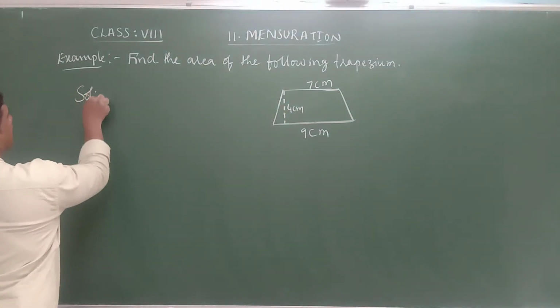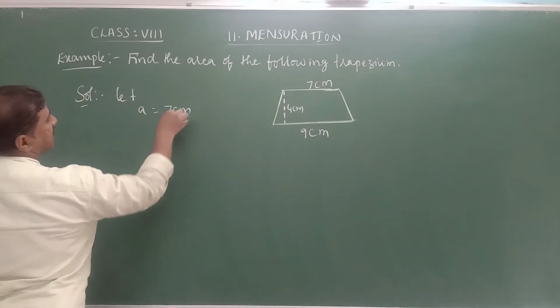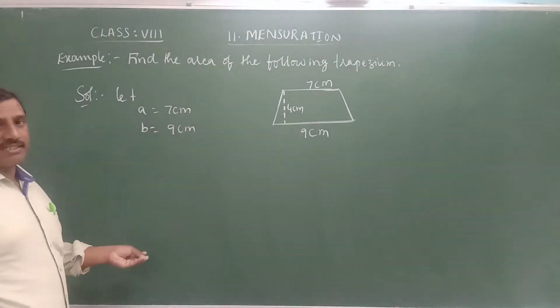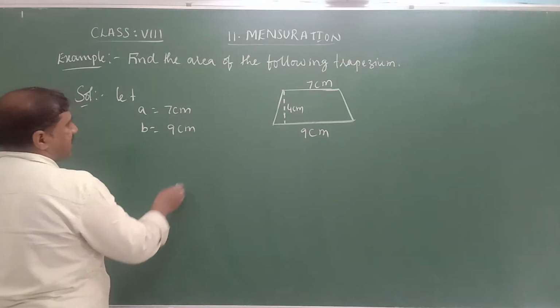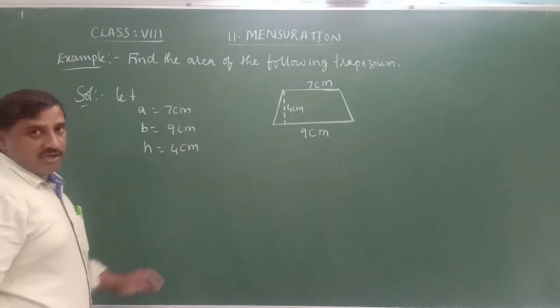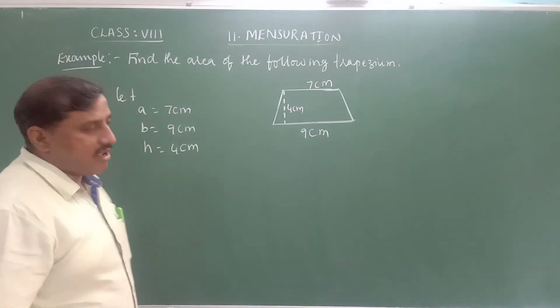Let A equal 7 centimeters, B equal 9 centimeters. Then height h equals 4 centimeters, that is the altitude or the perpendicular distance between the two parallel sides.